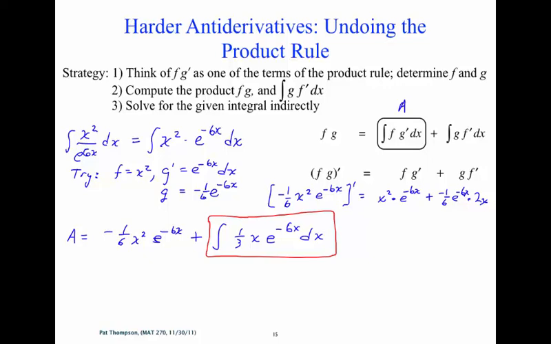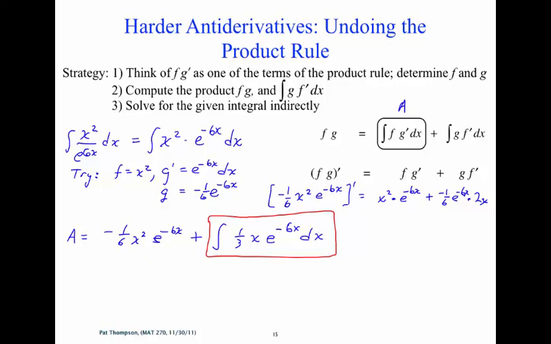So these F and G, you're going to do the same thing again. So you want F and G prime. You could use new letters, but it's the same thing. So here we go, X squared, so F is going to be 1.